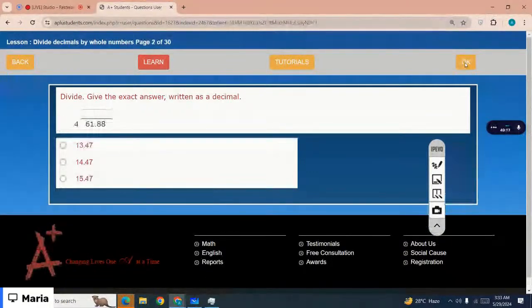61.88 divided by 4. So which is the correct option?